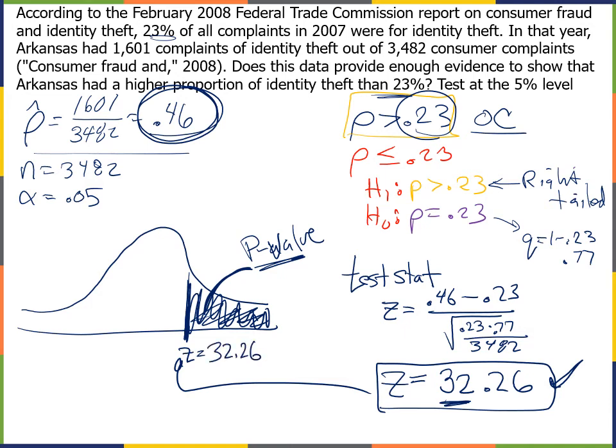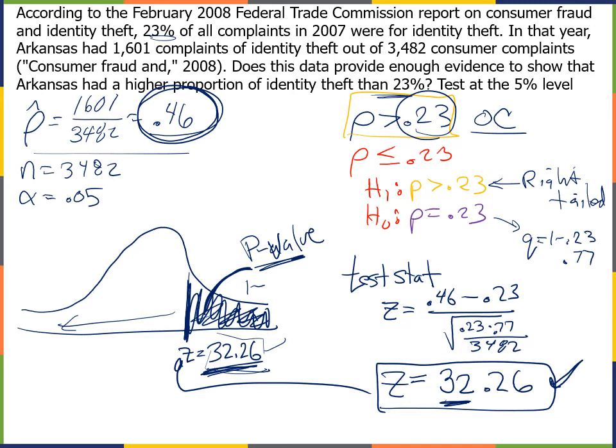That test statistic is going to determine what this area is. So if we look at this z-score in our z-score table and find the area to the left, then we can do 1 minus the area to the left to find the area to the right. Well, this z-score is so big. If you look it up in your z-score table, it only goes up to 3.5. We've used that z-score table enough.